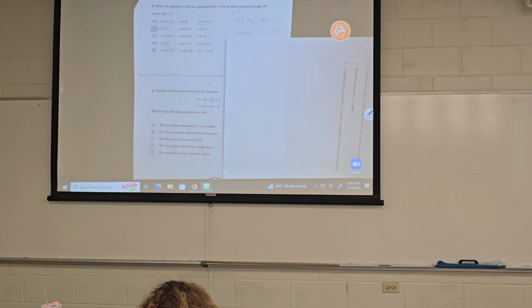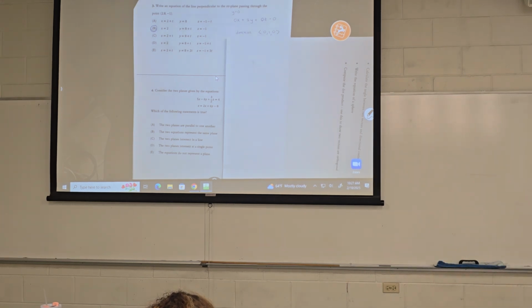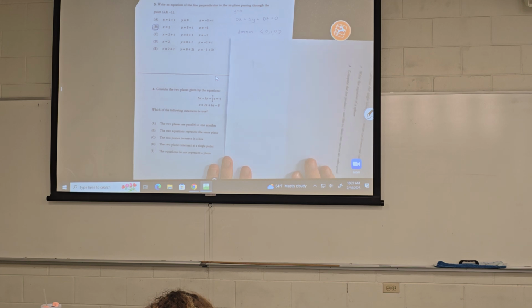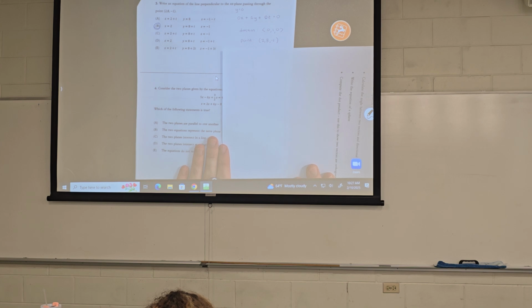So perpendicular to the plane, it means that y is traveling, but x and z are fixed. So if I have the point (2, 8, -1) and a direction vector of (0, 1, 0), then I can get my parametric equations here.